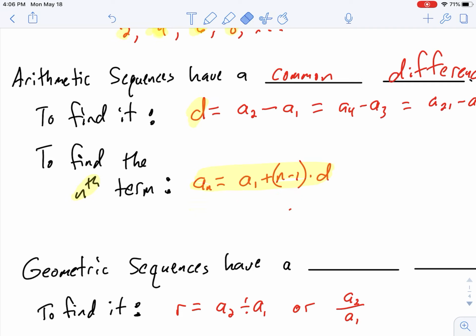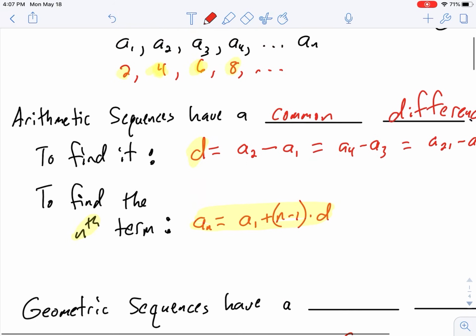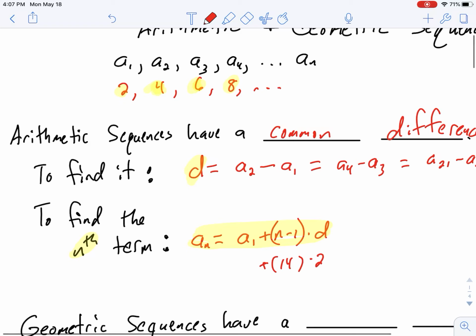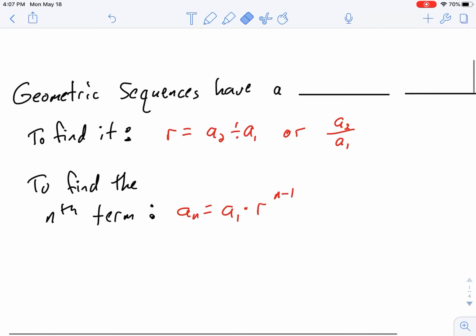So if you want to find the 15th term of an arithmetic sequence, in this example the common difference is 2, so d is 2. For the 15th term, you multiply that by 14, n minus 1, and then add that to the first term in the sequence, which in this case is 2. That formula just cranks out the 15th term. I'm not going to do it; there are plenty of homework examples down below.